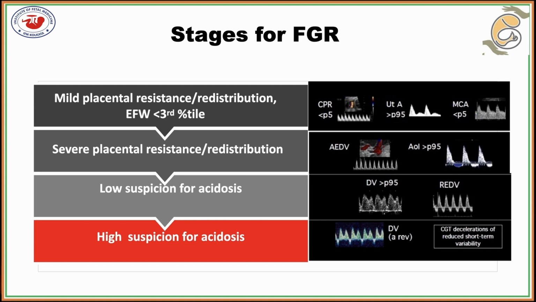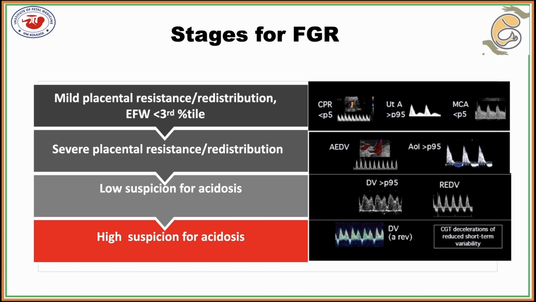Estimated fetal weight may be less than the 3rd percentile. Then comes severe placental resistance or severe placental disease, where the placenta is more than 50% damaged and you start getting absent end-diastolic flow. The other is aortic isthmus changes, but I am not discussing aortic isthmus, so we will restrict ourselves to absent end-diastolic flow. This is stage 2.